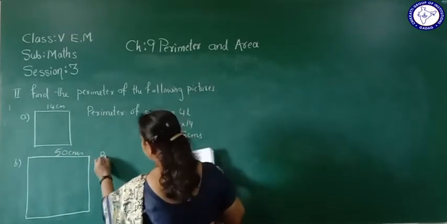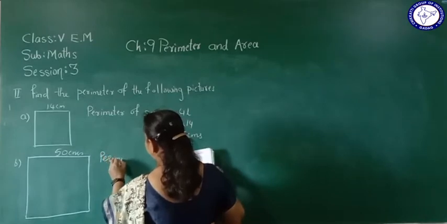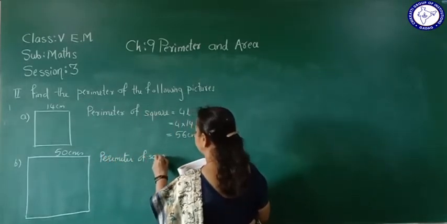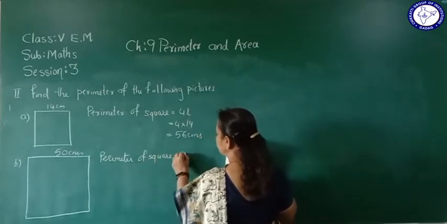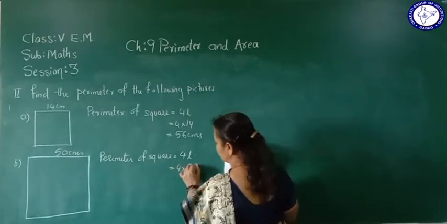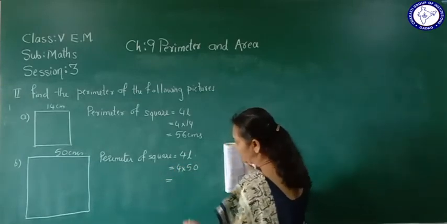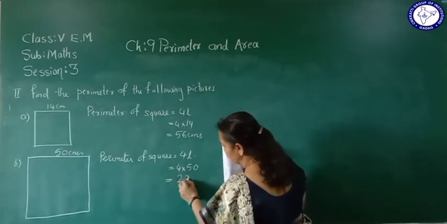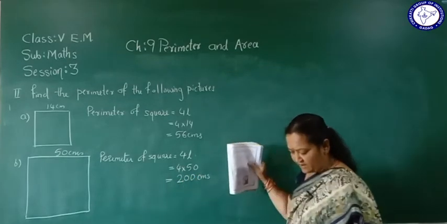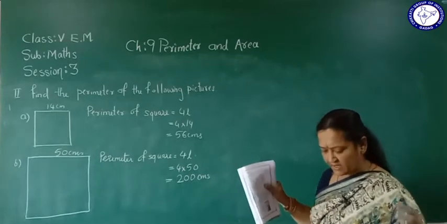Then we should find the perimeter of the square, which is equal to the formula, right, 4 into L. This is 4 into 50. So 4 5s are 20, so 4 50s are 200 centimeters. So the perimeter of the frame is 200 centimeters.